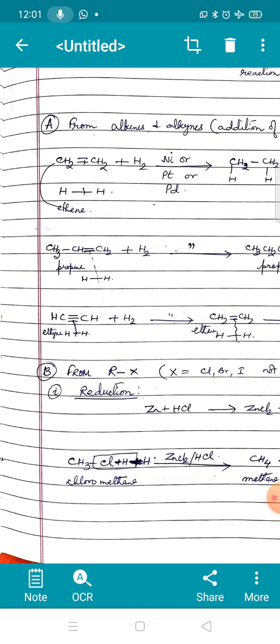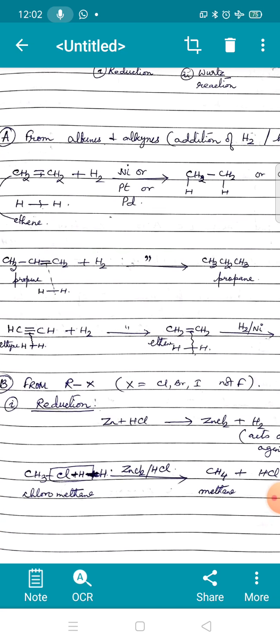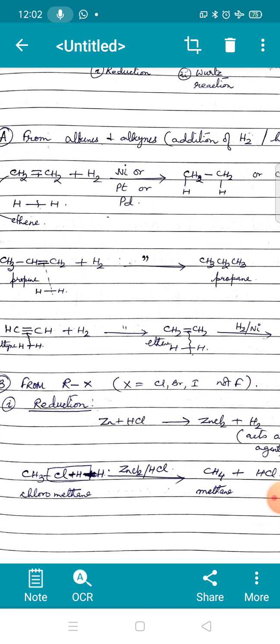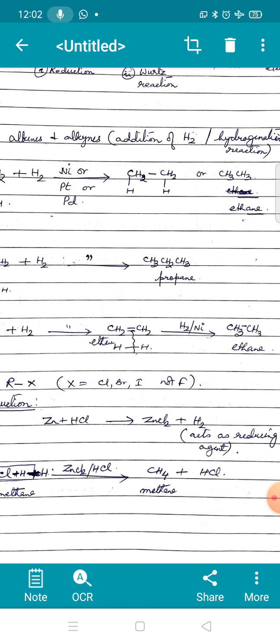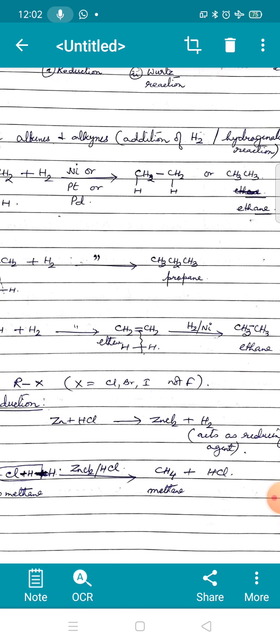So they can take up two hydrogen molecules. When the first molecule of hydrogen is added, they get converted to alkene using the same catalyst. And in the second step, another molecule of hydrogen gets added and they get converted to alkane. So for alkynes, it is a two-step reaction. For alkenes, it is a one-step reaction.